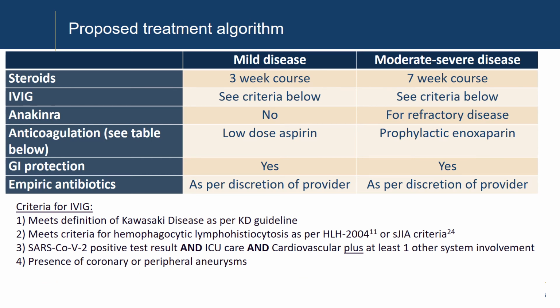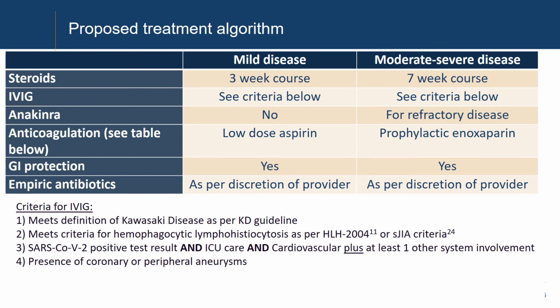So this is our treatment algorithm as it stands currently. It has evolved even since we first developed it back in July. We've divided patients into mild disease and moderate to severe disease. Patients who have moderate to severe disease are defined as those who have needed vasoactives or inotropes, who are mechanically ventilated, who have coronary dilation or aneurysms on echo, or who have significantly decreased left ventricular function.